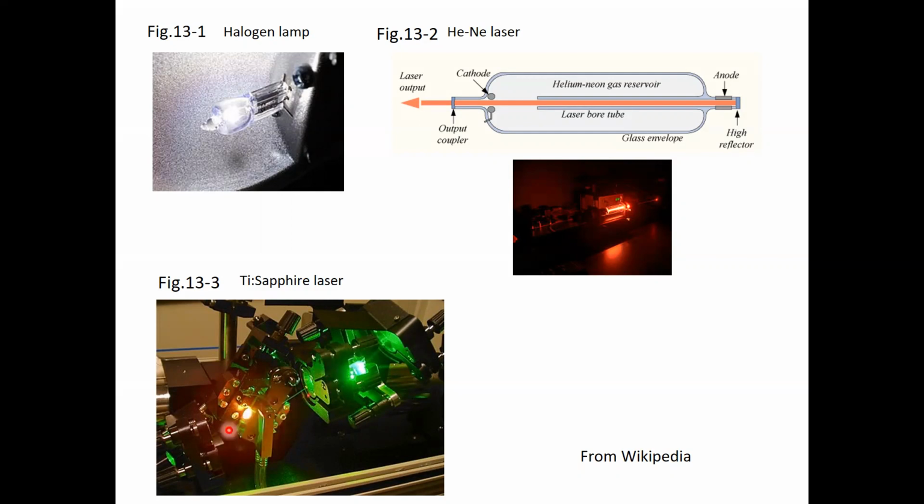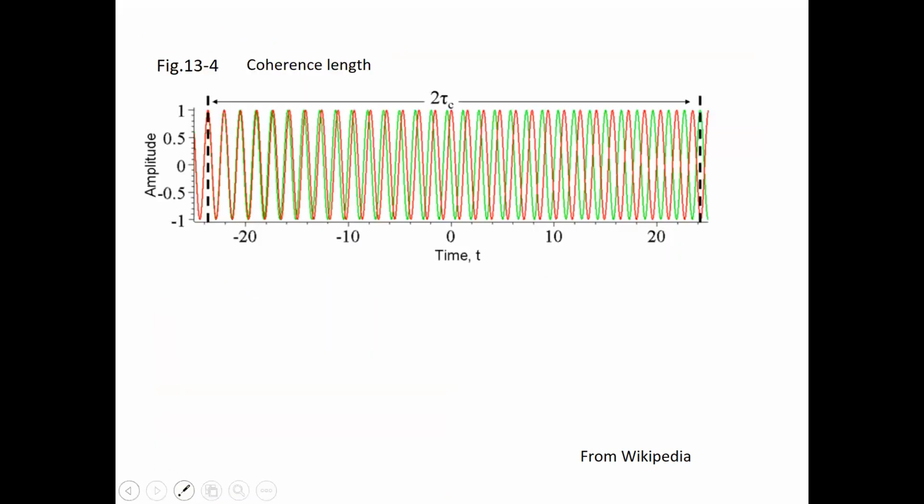I'm not sure about this from this figure, but anyway, this green light is the excitation of the titanium sapphire, and the generated light is mostly red light. You could see it in a crystal region somewhere like this.